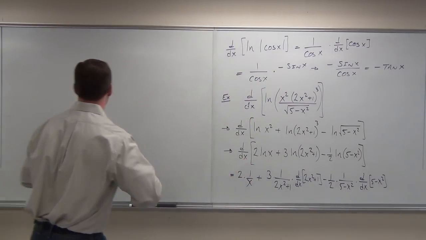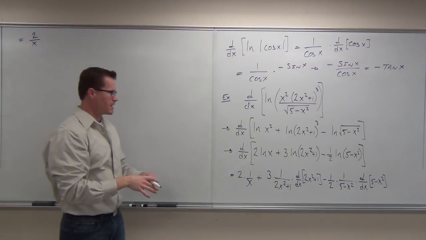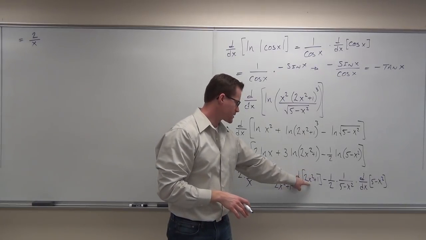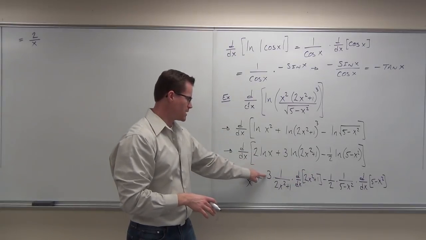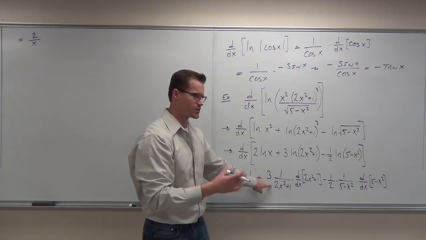Let's see what we got. I know I can put that together, that's 2 over x. I know that this, what's the derivative of that one? 4. So I got 4x times 3, that's going to give me 12x over this stuff. None of it simplifies, so that's going to be part of my answer.